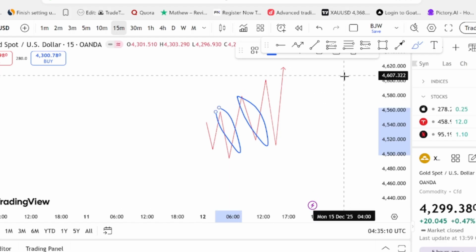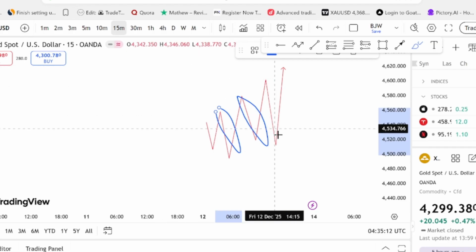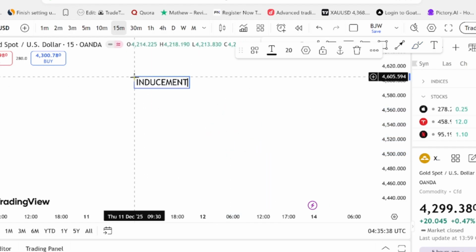So without further ado, with that being said, today we're going to be talking about inducement. Inducement is, like I said, to make it simple, not to complicate things, expansion. Whenever you see an expansion in the market, it tends to be inducement, or you can say it is a trap that makes traders lose money.